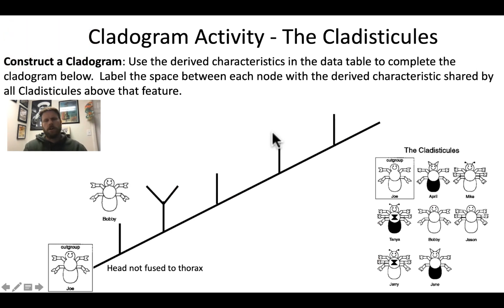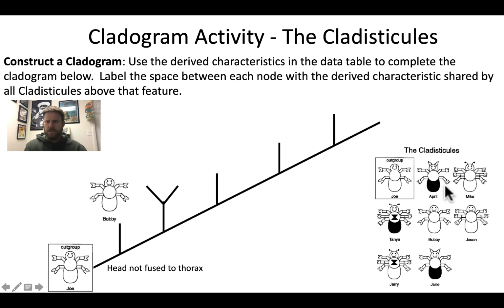So now I want to look and see what's the next feature that will allow me to separate the rest of the cladisticules from Bobby. You might look and go, okay, Bobby has 4 legs, and I got April and Jane that also have 4 legs. Okay, but they have 3 toes. Okay, I got Jason and Mike that kind of look like Bobby, but they have 6 legs and 3 toes.